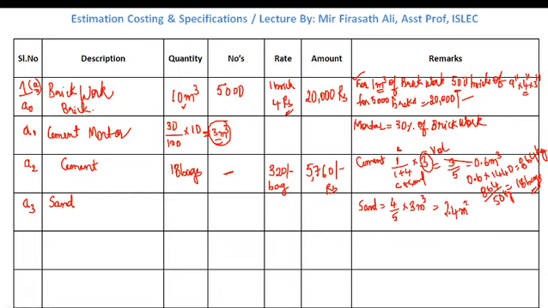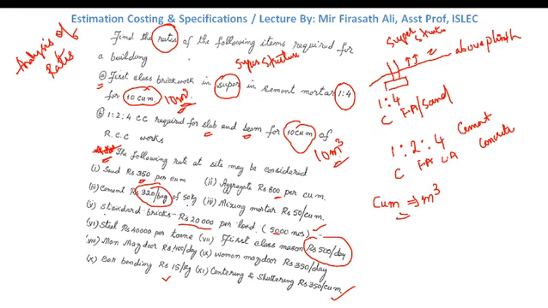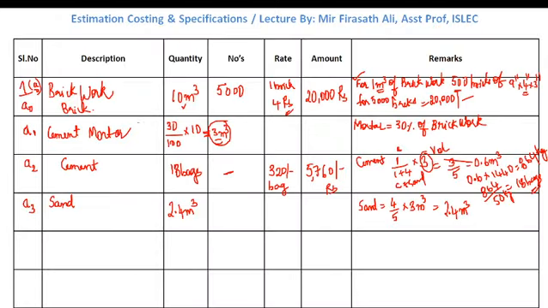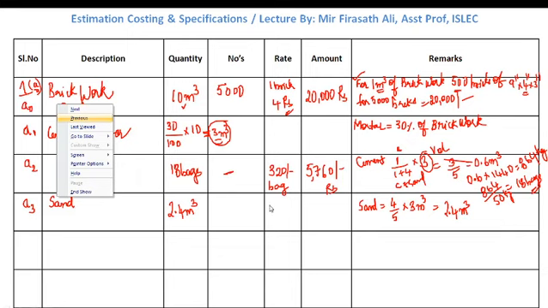So 2.4 meter cube of sand is required. And what is the cost of sand? It is given here: the rate of sand is 350 rupees per meter cube. So write down over here, 350 rupees per meter cube.